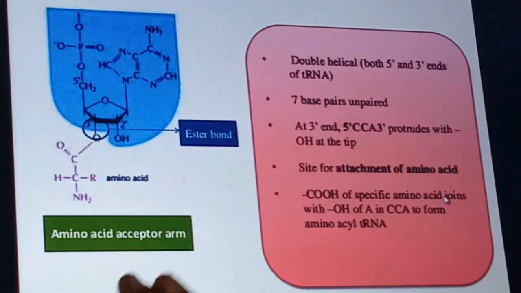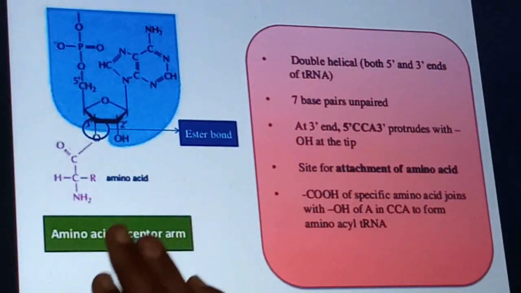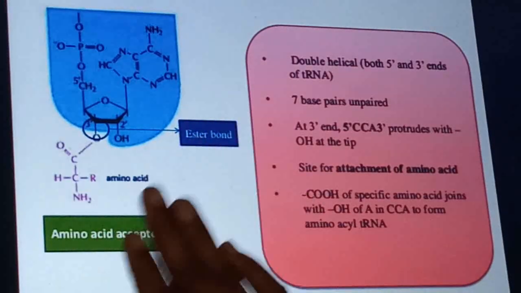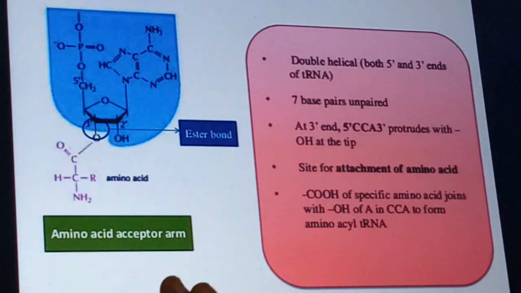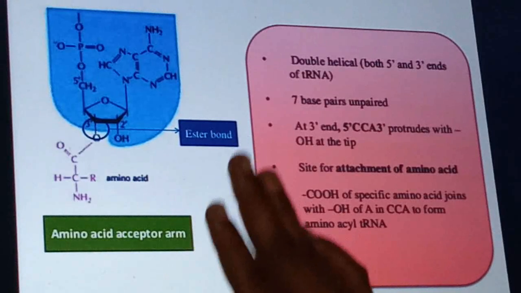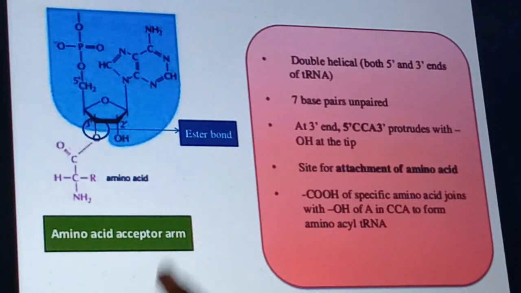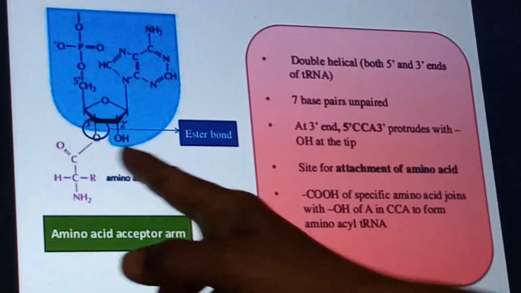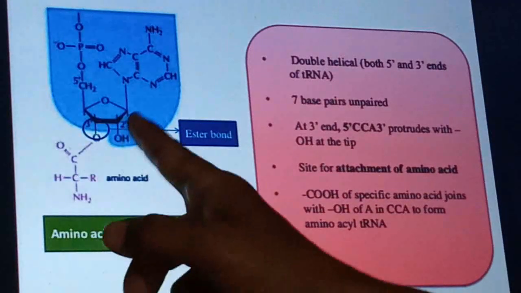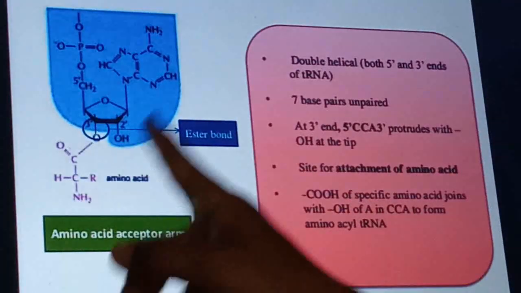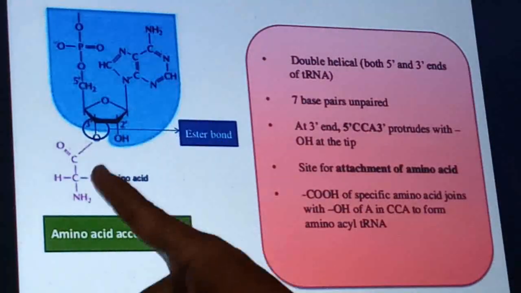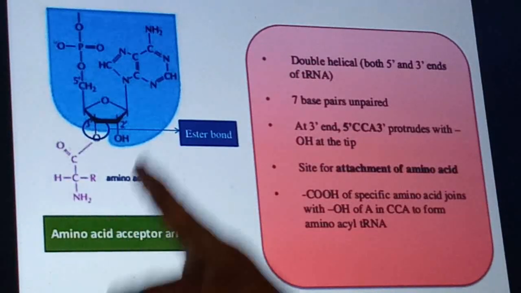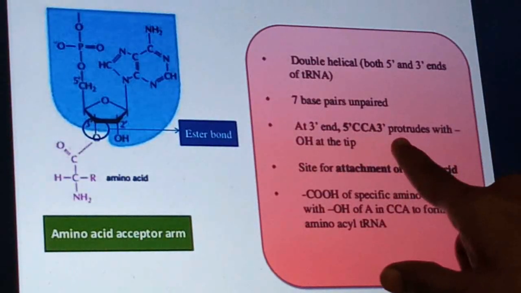Next is the 3' and 5' end of the tRNA. I said already that at the 3' end the amino acid will be accepted, or attached to the tRNA. So here this is the structure. This is the 3' end, where the 5' CCA 3' sequence is there.